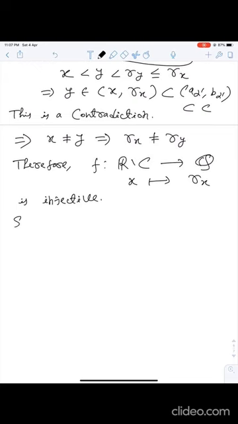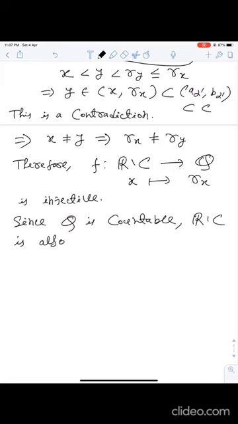Now since Q is countable, R minus C is also countable. We get R minus C is countable. Now what is the next part?